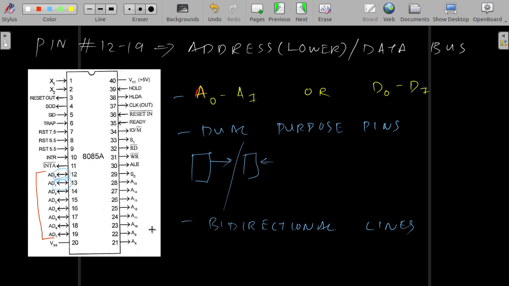It was only going outwards. So for the address part, it need only act as output. But for the data path, it has to be bidirectional, because the processor will execute both data read and data write. So for data reading, these lines should act as input lines, and for data writing, these lines should act as output lines. Therefore, these 8 pins will be bidirectional in nature.